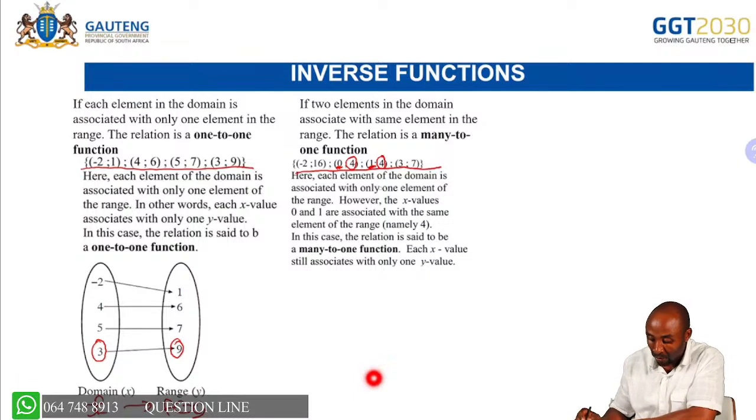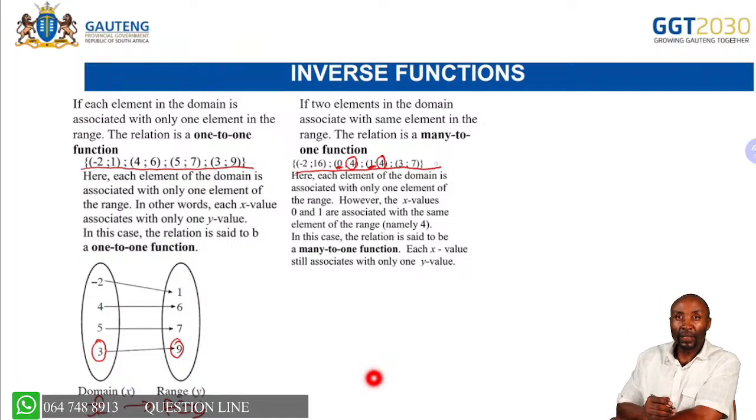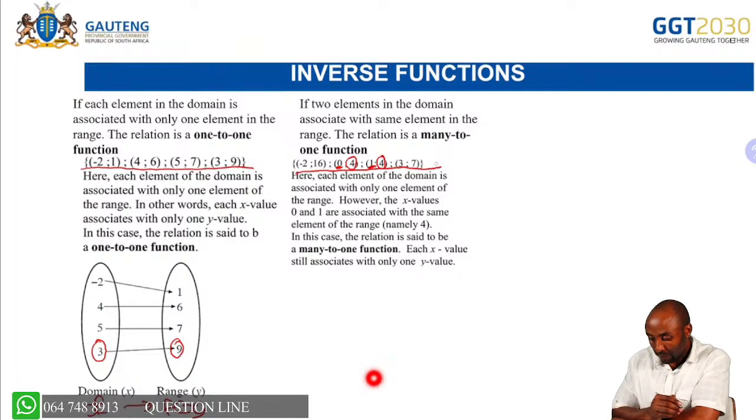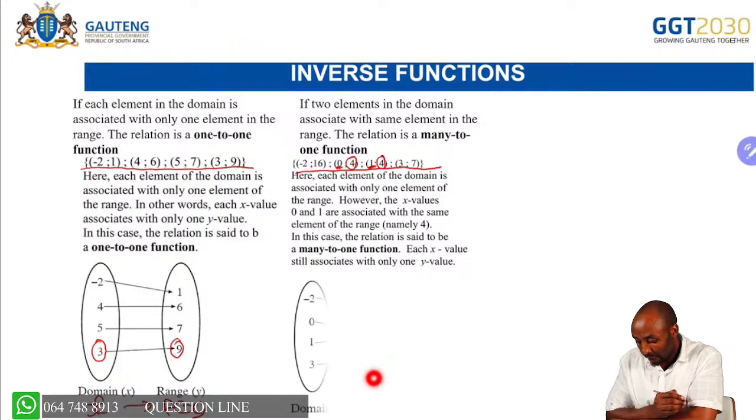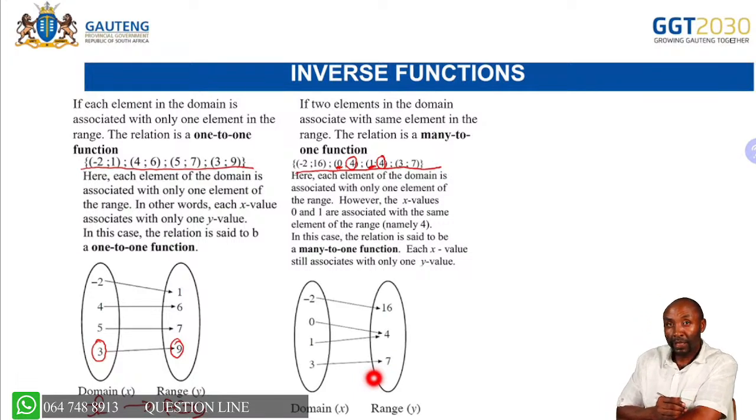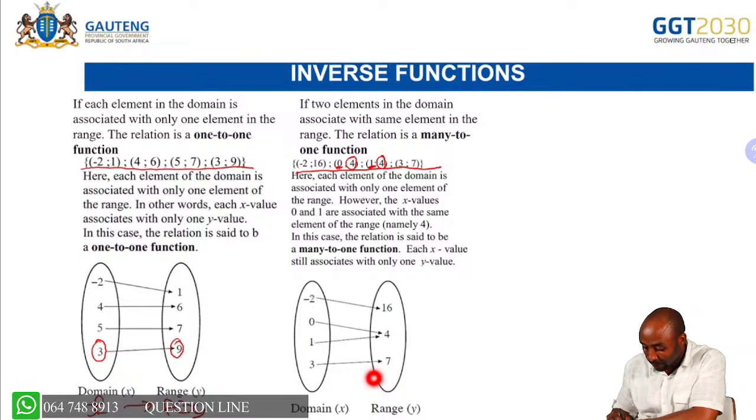Hence, it's a many-to-one. If you check 3, it is associated with 7. It has only one y value there. And to illustrate this using arrows and the mapping, you are able to see that each x value, this -2, is associated with 16.